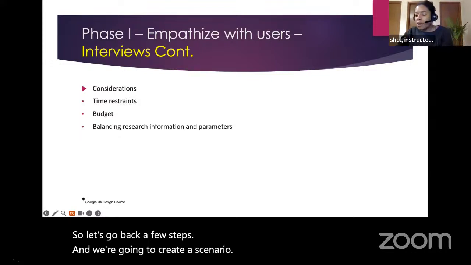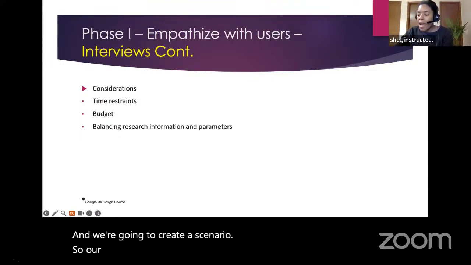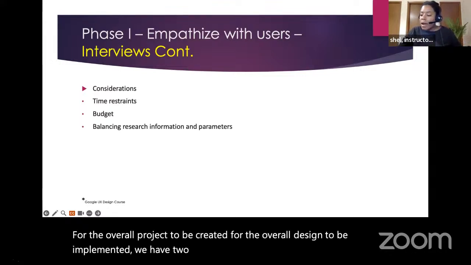So our scenario is we have 2 weeks for the overall project to be created, for the overall design to be implemented. We have 2 weeks, and our budget is $2,500.